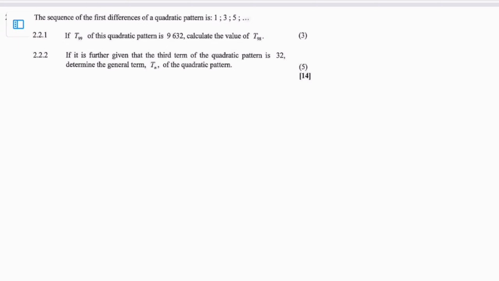So the first thing we can do is use our generic formula. The first differences pattern is just an arithmetic sequence. So we can use our generic formula for that to find the first difference of the nth term.